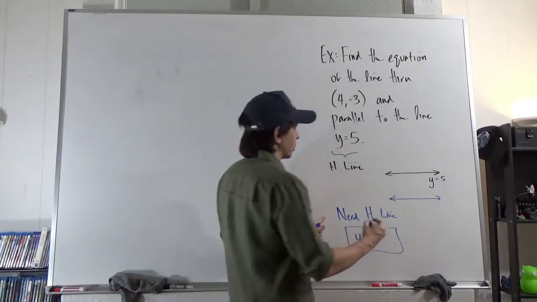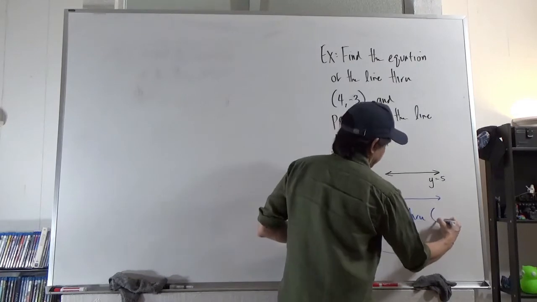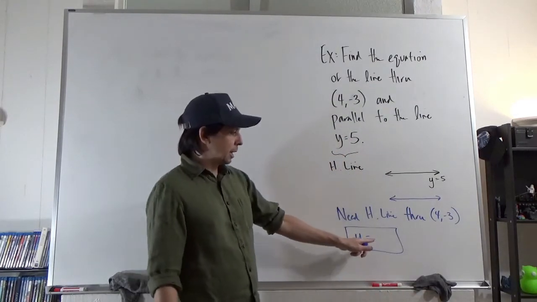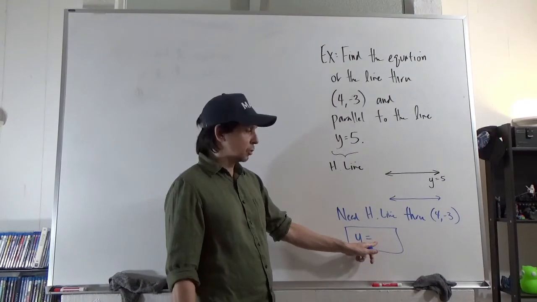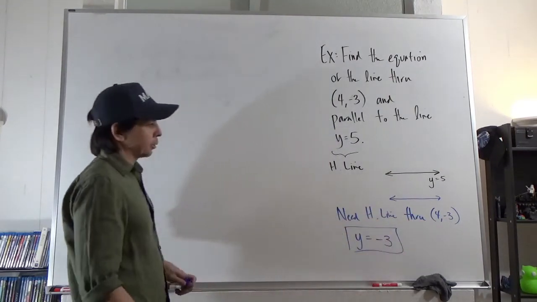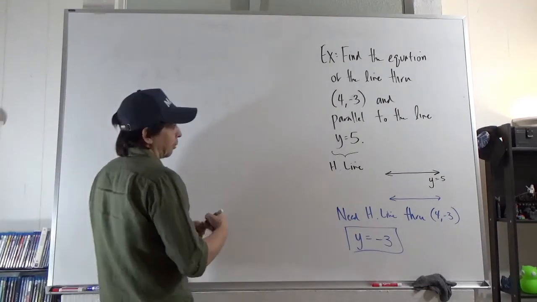What do I know about this horizontal line? It needs to pass through (4, -3). So what's that constant that it has to be, y equals whatever? Negative 3. That's working it through logically, but if that's not helping, let's graph it out in much more detail.